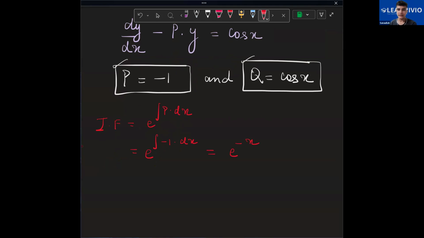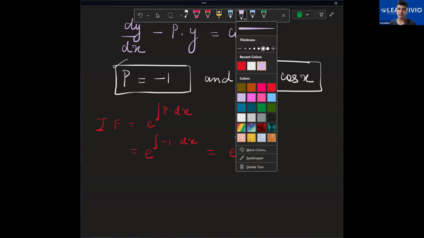Is it clear? And in this, it is not required to take any arbitrary constant. While finding the integrating factor, it is not required to take an arbitrary constant when you are integrating the power of this exponential part. So now you got your integrating factor.